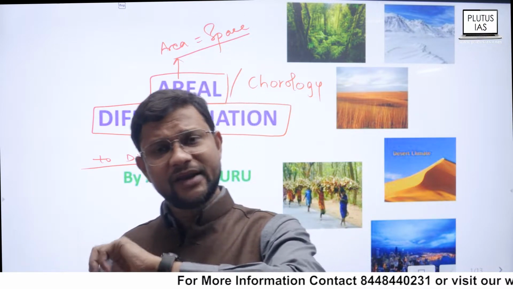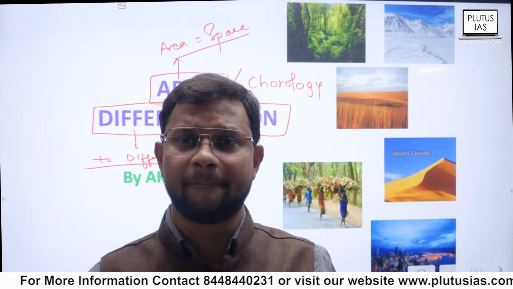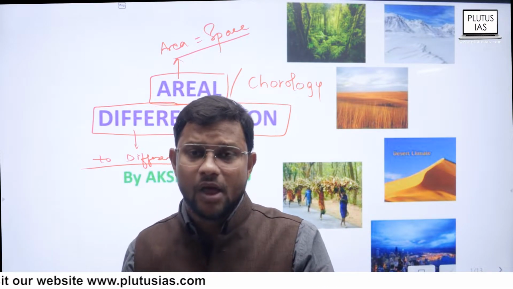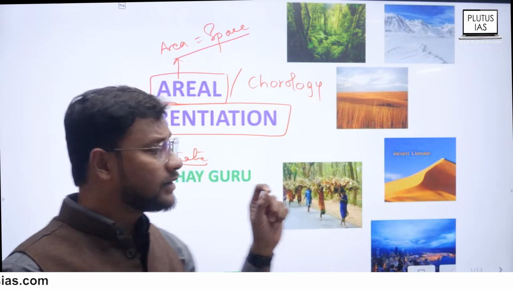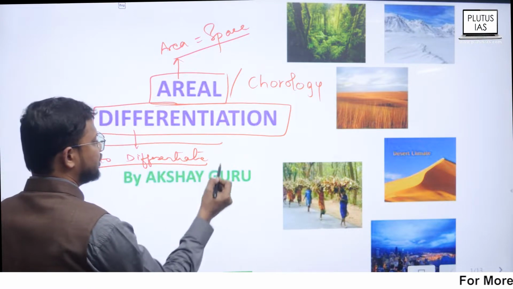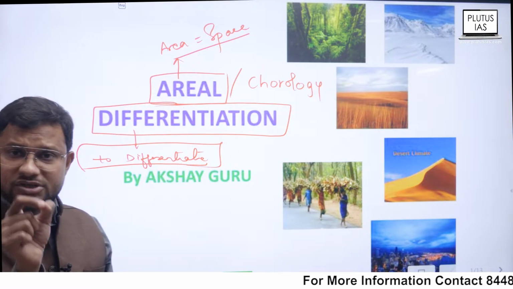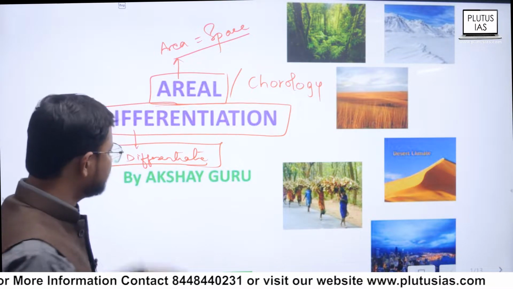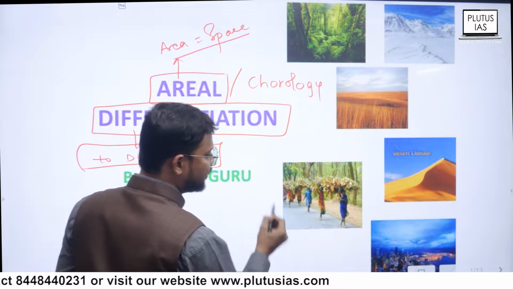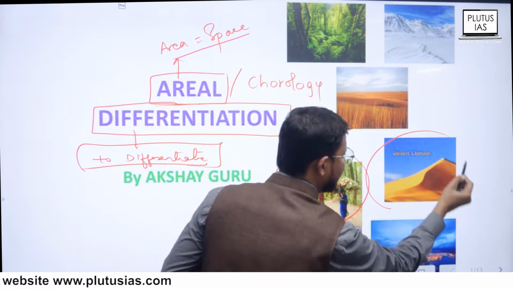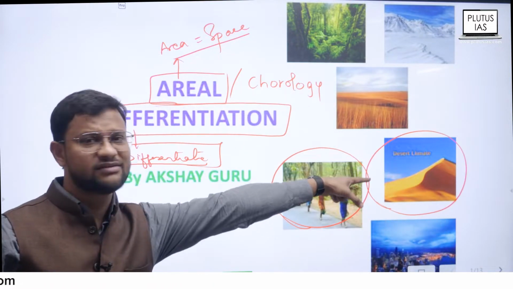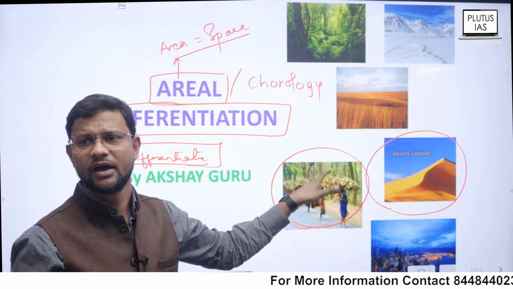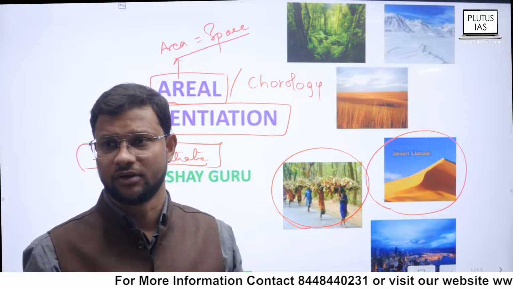अब यहाँ पर areal differentiation is the approach of regional geography which basically differentiates between regions, in a sense कि दो regions में क्या differences हैं, right? For example, a desert and maybe a tribal region, or maybe an evergreen forest, or any other forest conditions as well.